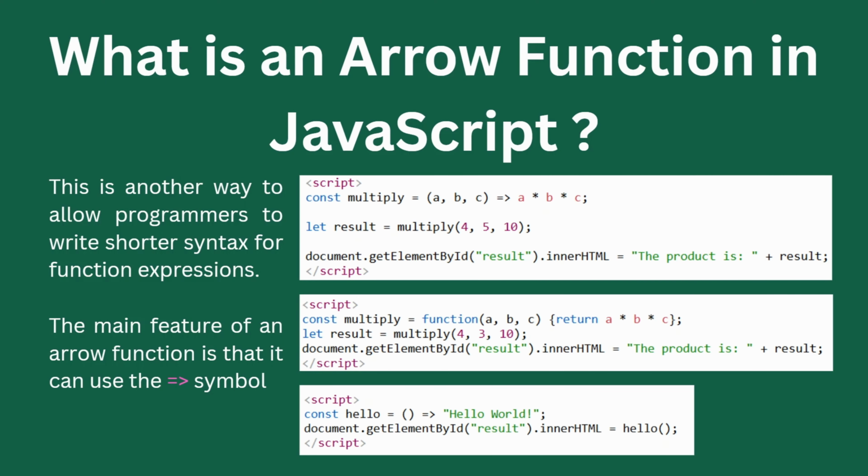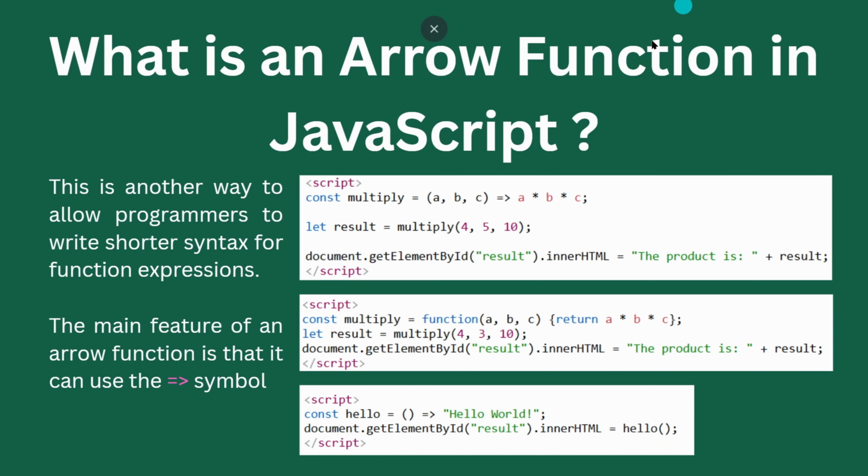So in this part we will talk about how to implement the arrow function. This is another way to make a function that is shorter than before. The main feature of an arrow function is that it uses the equals greater than symbol operator. Here we have three examples of shorter function forms that we can implement in our JavaScript program.